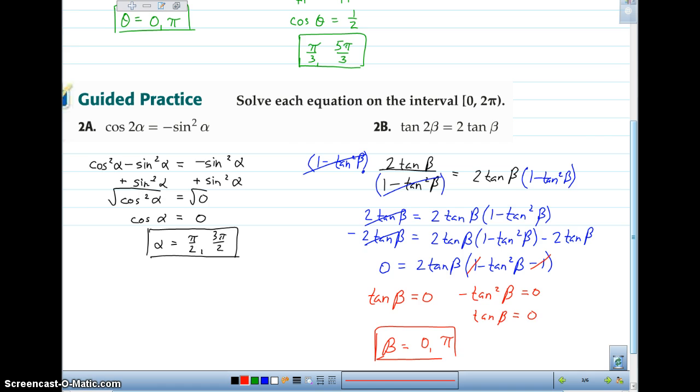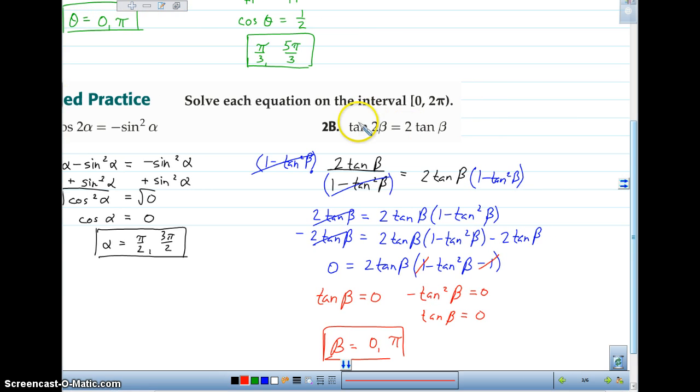And then for the tangent one, we changed tangent of 2 beta to 2 tangent beta divided by the quantity 1 minus tangent squared beta. Since I didn't want to work with a fraction anymore in my equation, I multiplied both sides by the denominator. That's in blue. And then started canceling from there.